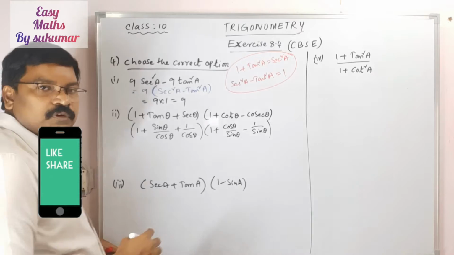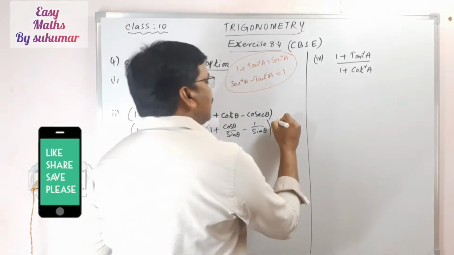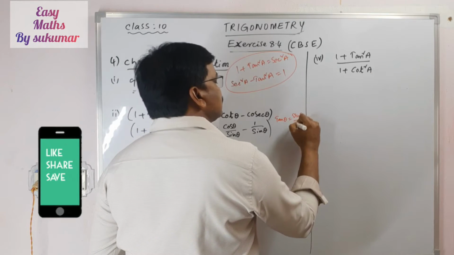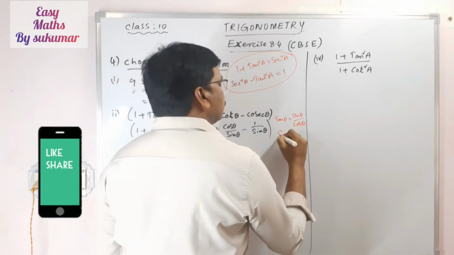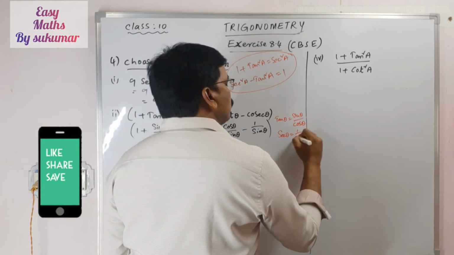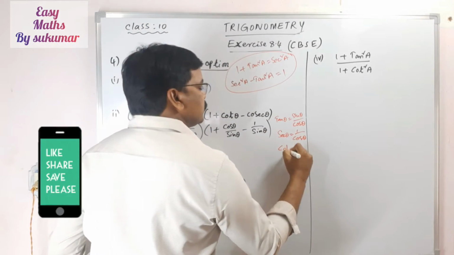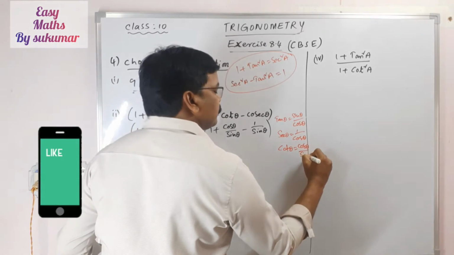So here, instead of tan theta I have taken sin theta by cos theta, and secant theta is equal to 1 by cos theta. Cot theta means what? Cos theta by sin theta.